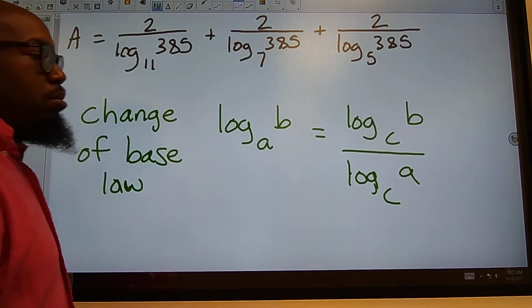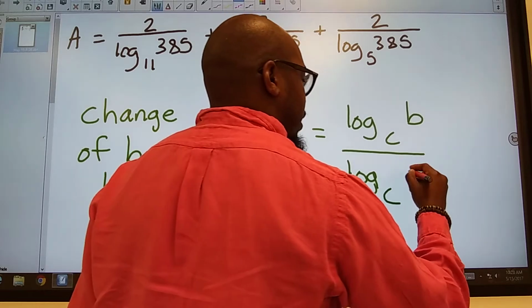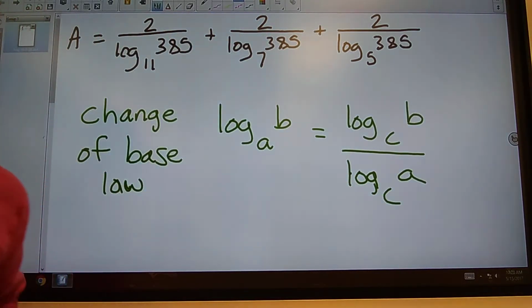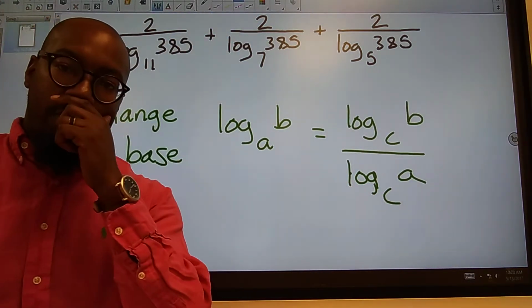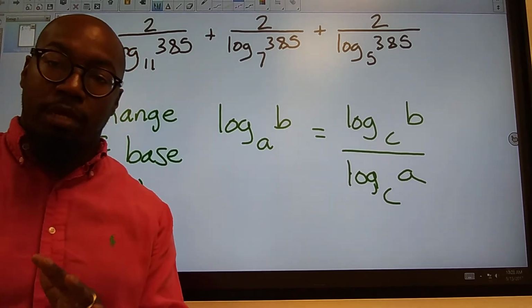So I'm going to write that as that. That's one of the formulas I'm going to use.